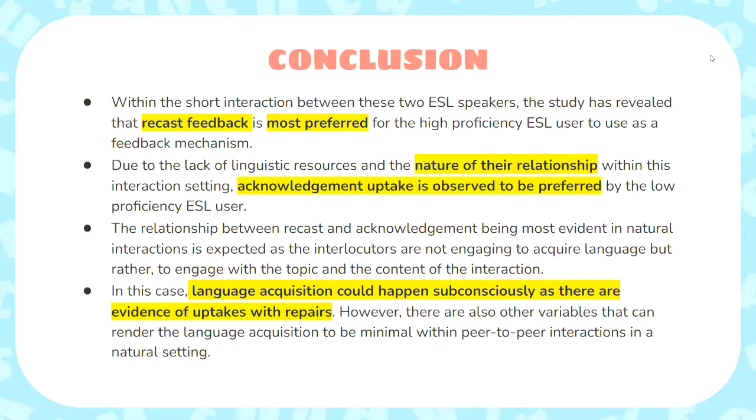So in this case, language acquisition could happen subconsciously and also subliminally as there is evidence of uptakes with repairs. However, there are also other variables that can render the language acquisition to be minimal within peer-to-peer interactions in a natural setting. For example, it could lead the users to code mix and code switch a lot, especially if they share the same first language.